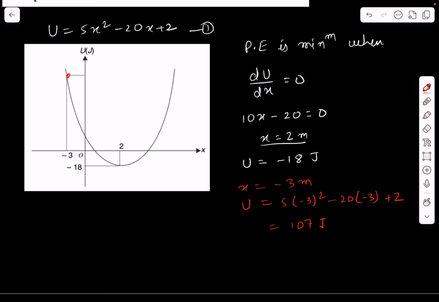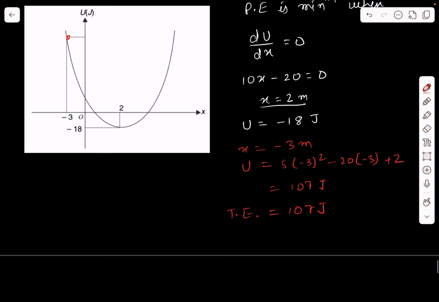Since the particle is released at x equal to minus 3, the kinetic energy will be 0 at that instant. So we can argue that the total energy of the particle is in fact 107 joule only.